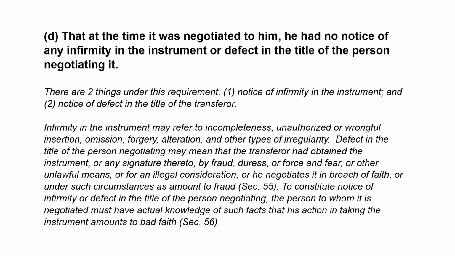Because infirmity in the instrument may refer to incompleteness. Halimbawa, walang pirma si maker or si drawer, or walang amount payable, or unauthorized or wrongful insertion under Section 13, omission, forgery under Section 23, alteration under Sections 124 and 125, and other types of irregularity.